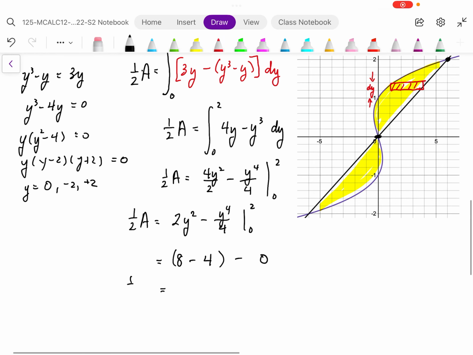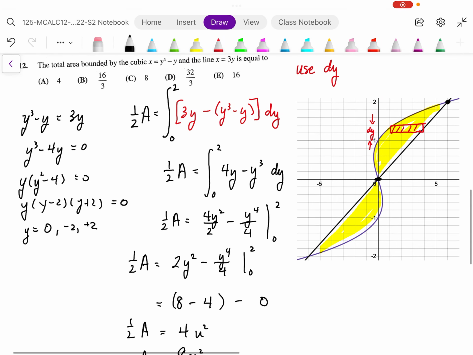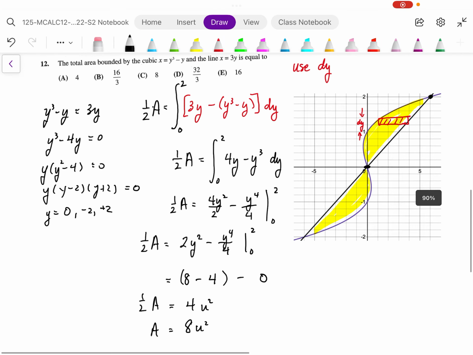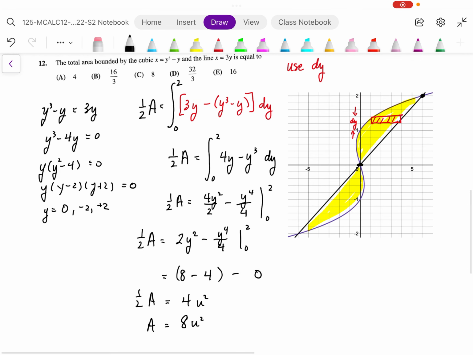So my half area is going to work out to be 4 units squared. So the top half is 4 units squared. I'm going to double that area, so my answer is going to be 8 units squared. Okay, so when I work that out, that's my final answer.